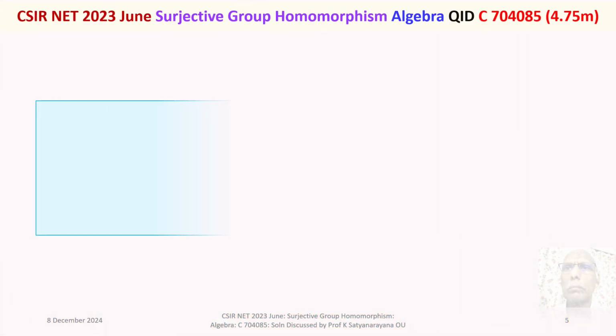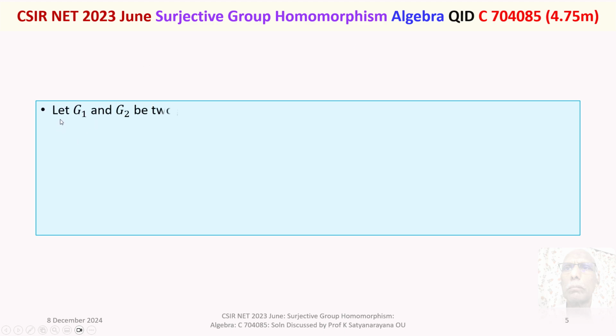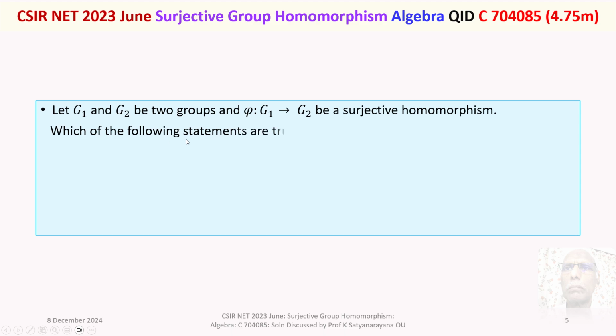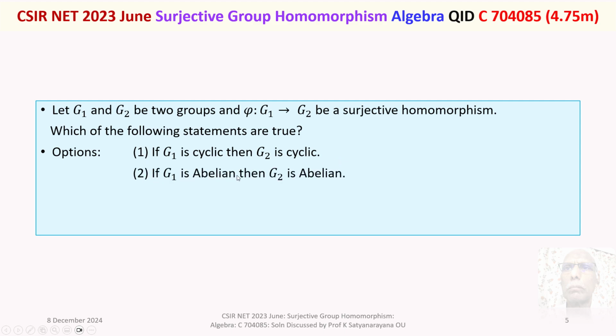The given question is: let G1 and G2 be two groups and phi, a map from G1 to G2, be a surjective homomorphism. Which of the following statements are true? We are given four options. Option 1, if G1 is cyclic, then G2 is cyclic. Option 2, if G1 is abelian, then G2 is abelian.